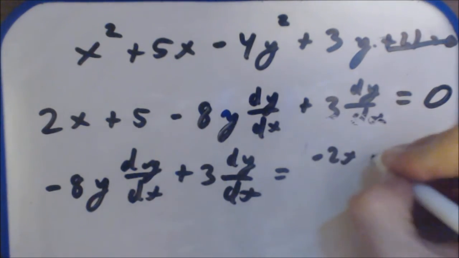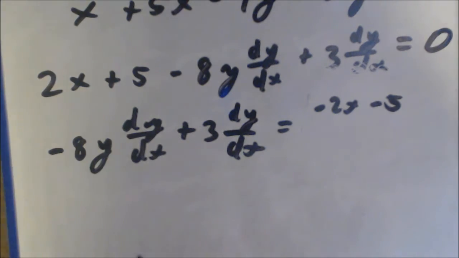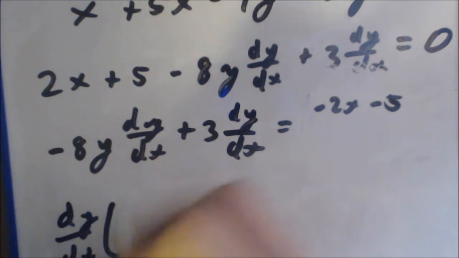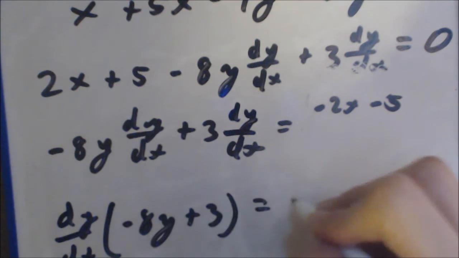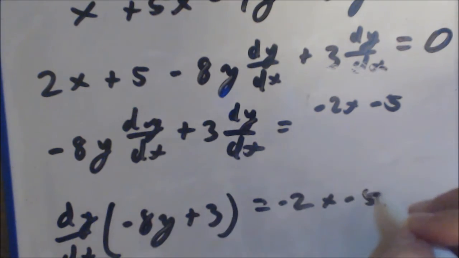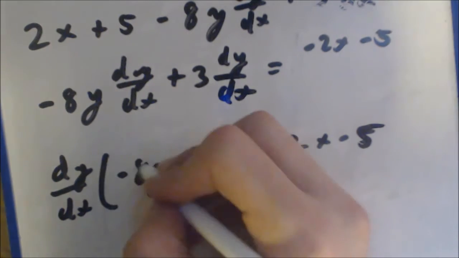Now we just have to factor out the dy dx. So dy dx times negative 8y plus 3 is equal to negative 2x minus 5. Then we just divide this out, like in the other problem.